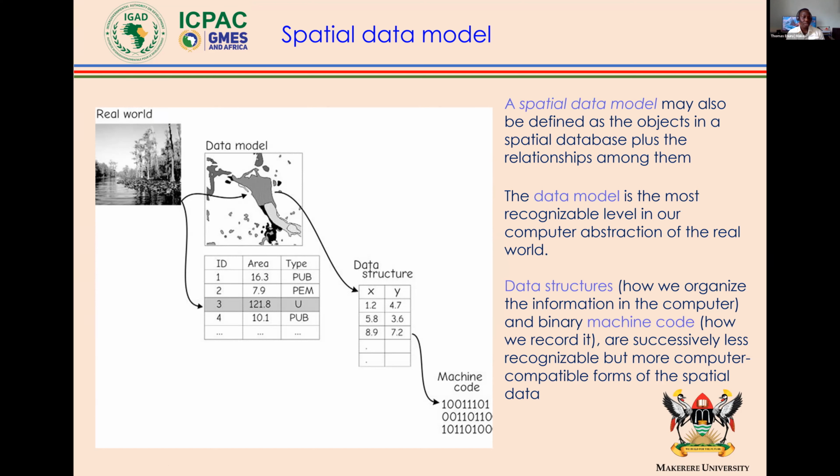You need to represent it in geographic data. You need to convert it from the pictorial look to what we call spatial data. So the process of converting this digital image, this still image or camera image, into spatial data is spatial data modeling.